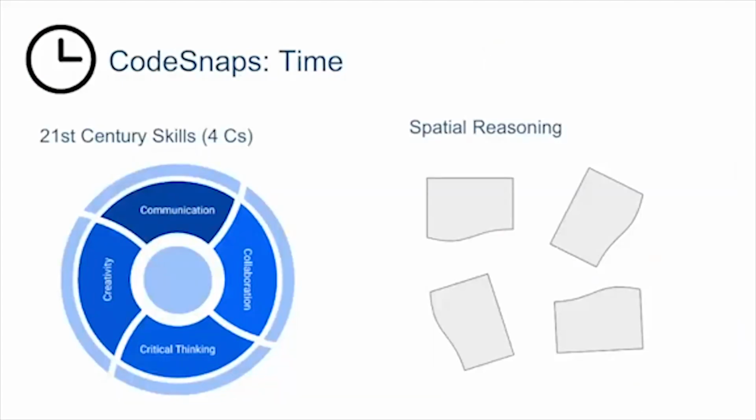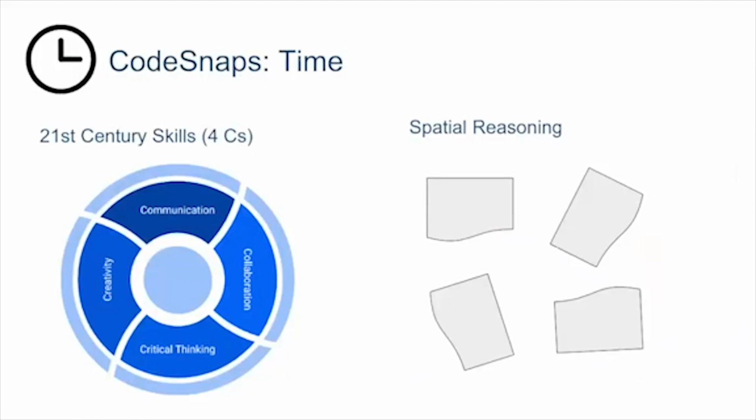And related to time, in addition to integrating CodeSnaps into the core disciplines, we've thought a lot about how it relates to other key skills that students need to learn. For example, the 21st century skills, often called the 4 C's of communication, collaboration, critical thinking, and creativity.